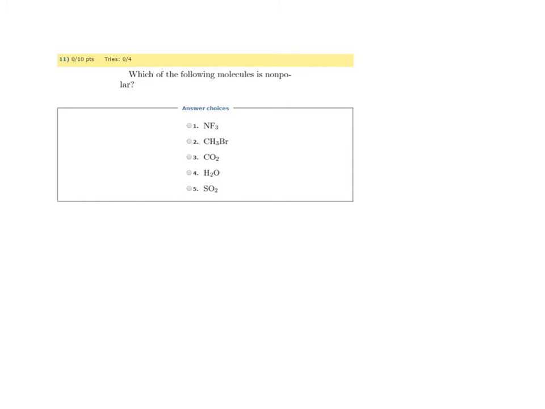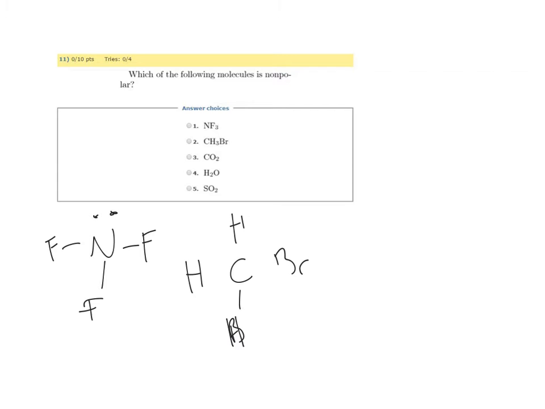Which of the following is nonpolar? Well, I'm just going to roughly draw these out so you can see what they would look like without going through all the Lewis structures for each one. And again, remembering things from the last slides, that's H, not Br.